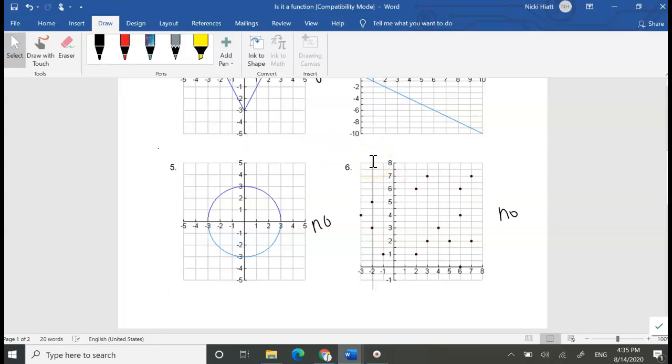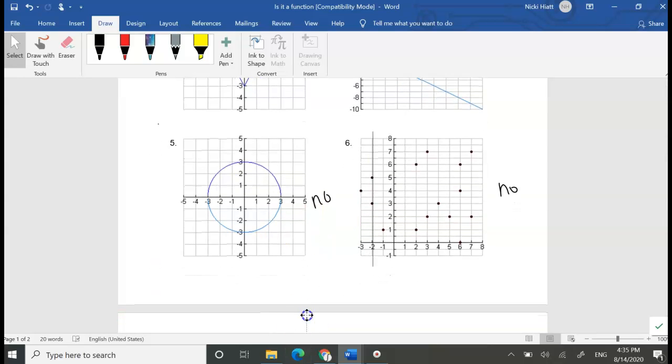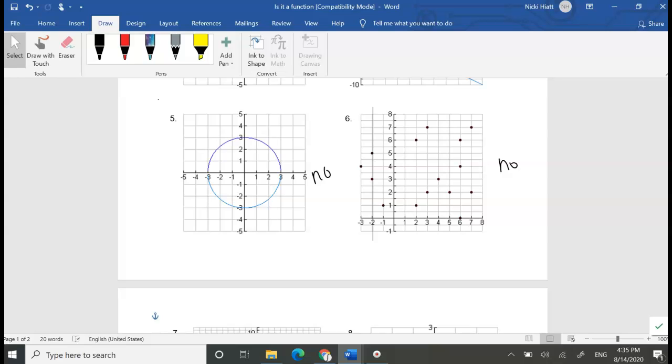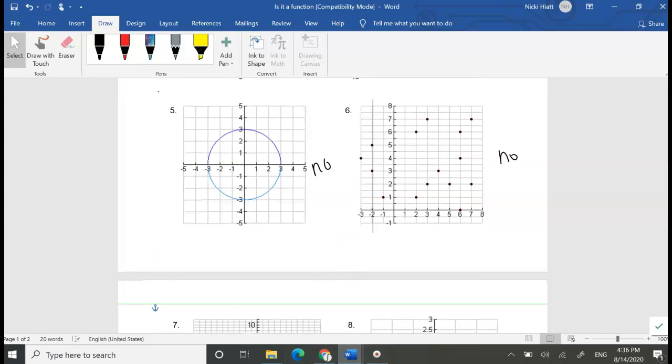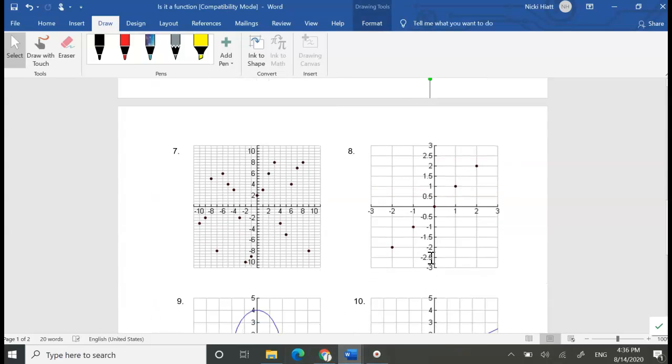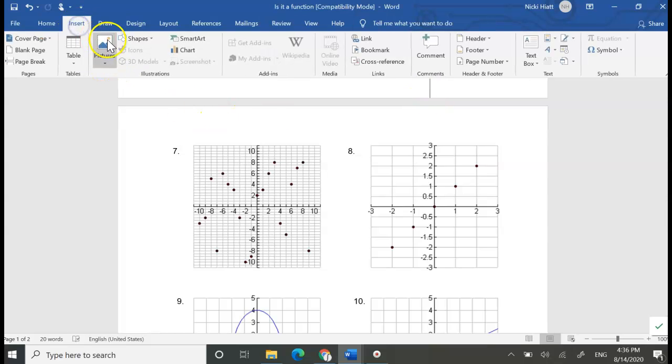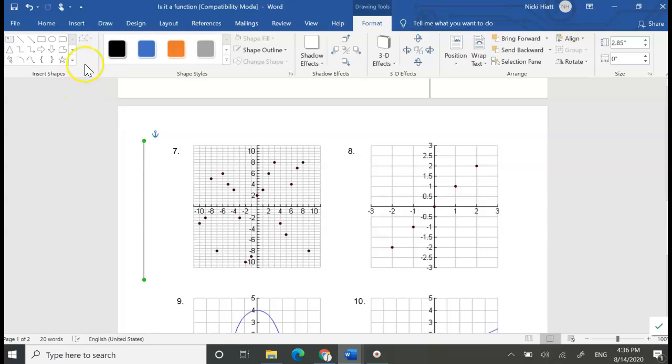Let's continue on. Trying to drag my line down here, but it doesn't seem to want to go. I'm just going to put a new line in. Number 7 is a little bit like number 6.